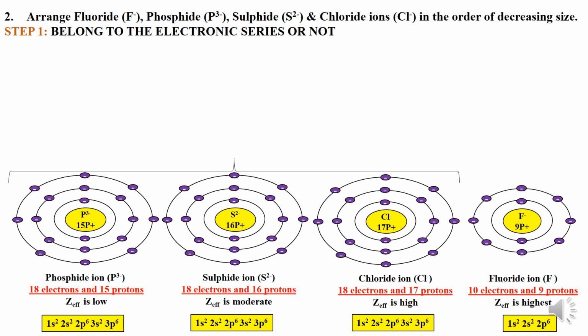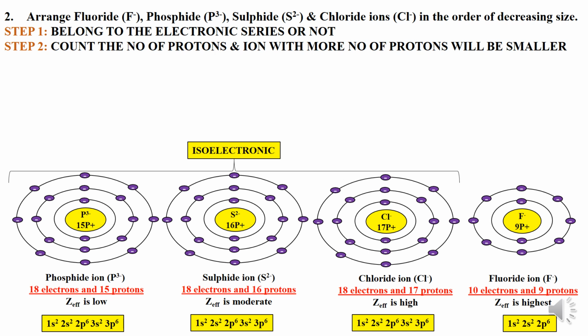Because all these ions have the same number of electrons, that is 18 electrons. So step 2 will be, if the given ions are isoelectronic in nature, you have to count the number of protons.